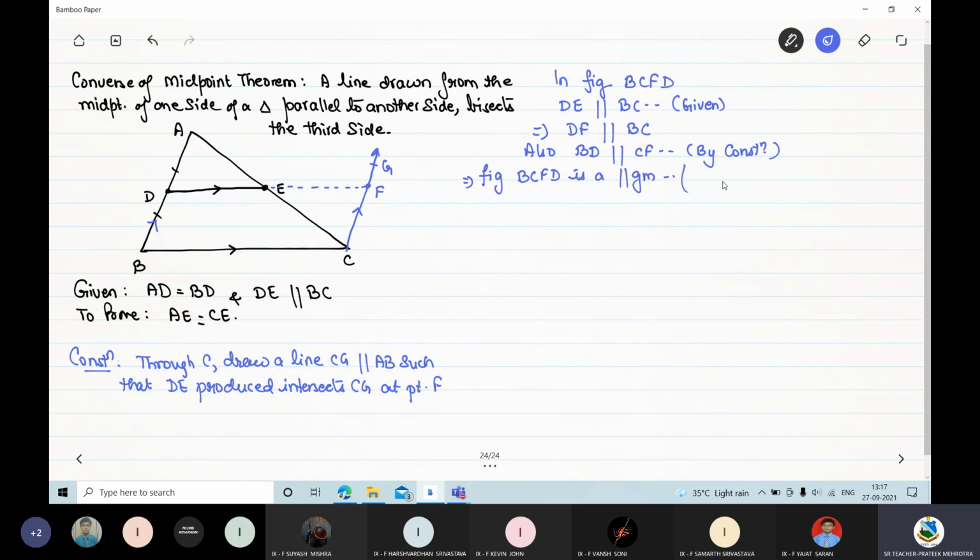It is a parallelogram because both pairs of opposite sides are parallel to each other. Now, if this is a parallelogram, I can also say that BD is equal to CF because opposite sides of a parallelogram are equal.